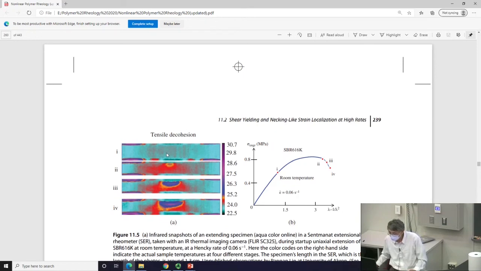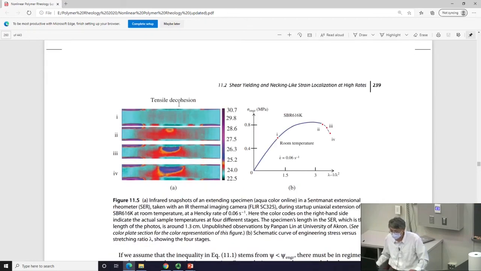You can see when you first stretch to this point, it's uniform. By the time of 2, you can see a hint of what is giving the disaster, meaning it's no longer homogeneously stretching. And that's only lambda of 3 or so. Then the subsequent failure is quite sharp. Just around here, it will break. So that's just one example of what I, in the book, carefully called this regime 2 tensile decohesion.